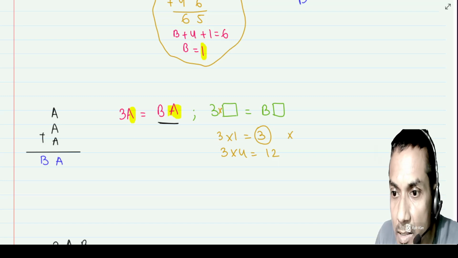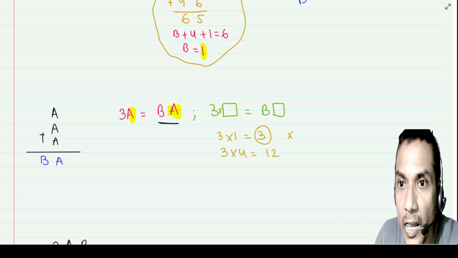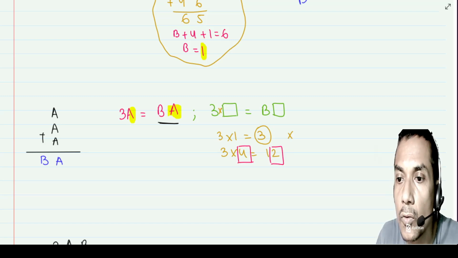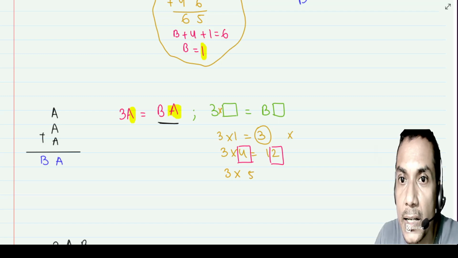The problem is that the box value is not the same here. So 4 is cancelled. Next we consider 3 into 5. Then what will we get?